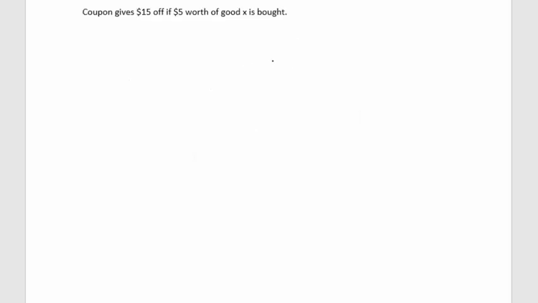Let's say that this store issues out a coupon that gives $15 off if you spend $5 on good X. And we want to know what our new budget line is going to look like. So what we want to do is draw the graph. So we'll have a standard graph with q of y and q of x as our axes.